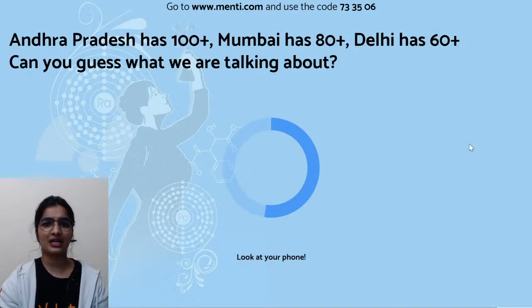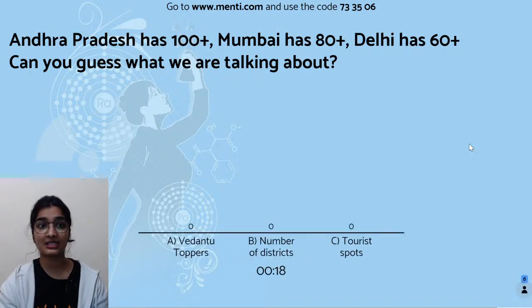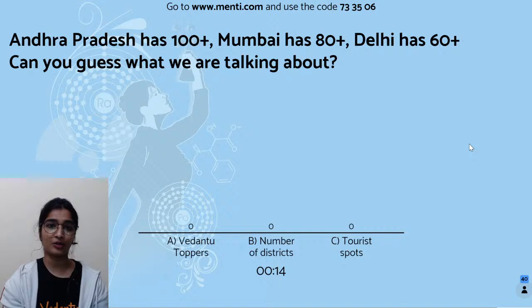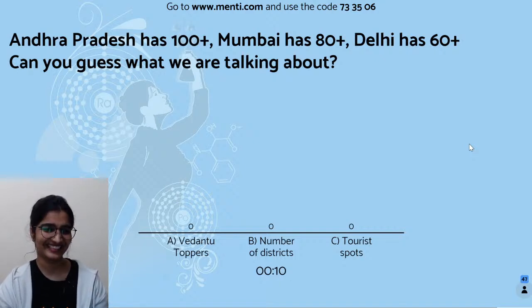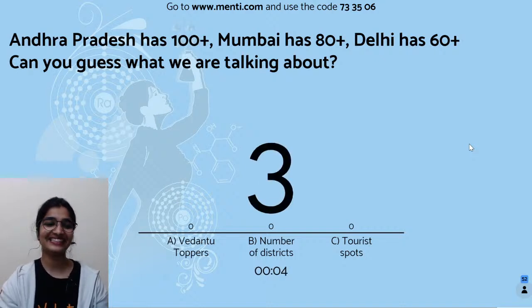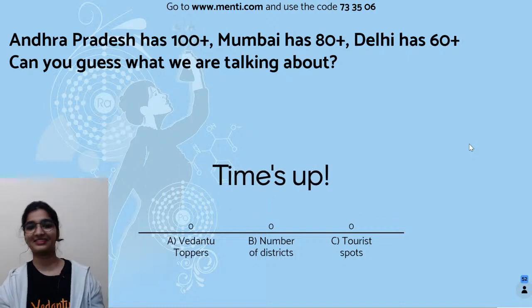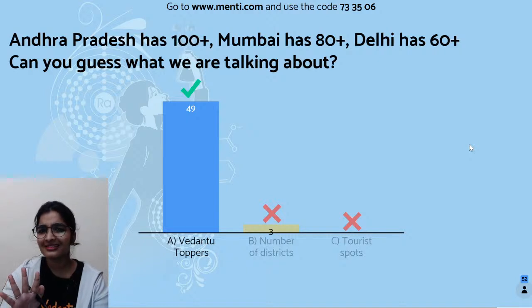Andhra Pradesh has 100 plus, Mumbai has 80 plus, Delhi has 60 plus. Can you guess what we are talking about? Vedantu toppers, number of districts, tourist spots. Please sing a song. Why? 3, 2, 1. Time up. Everyone has to get this right. Wait, what? Who chose number of districts?